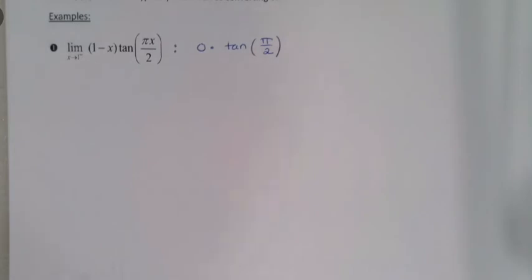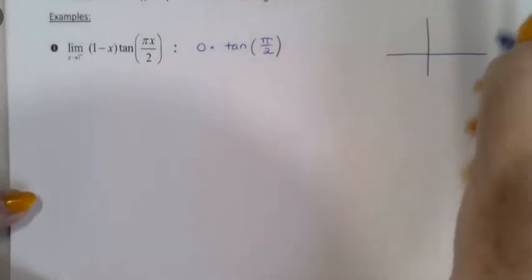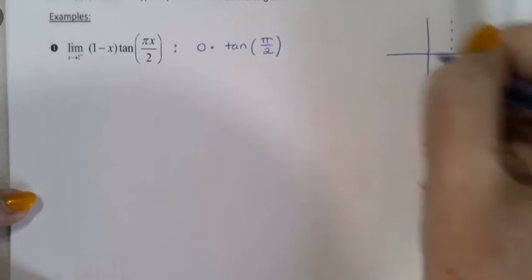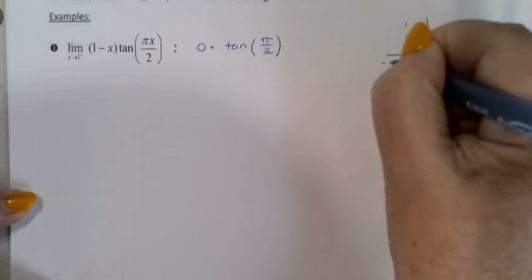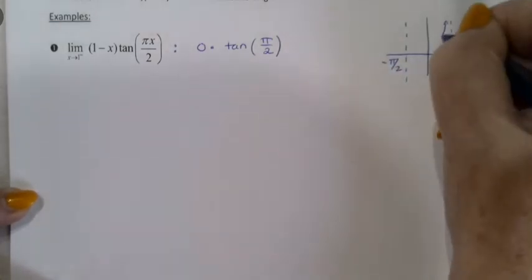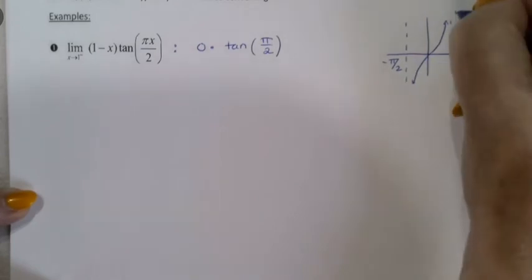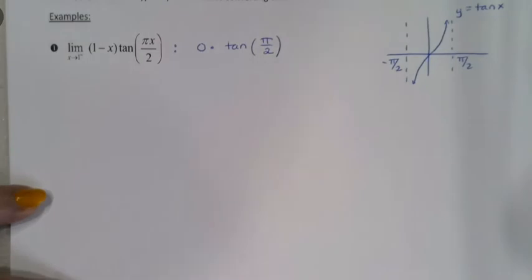And tangent has a vertical asymptote at pi over 2, right? Again, just a reminder of what that looks like. You can generate this on your calculator or Desmos or whatever. But that's one period of the tangent function. Keeps repeating over and over, right?